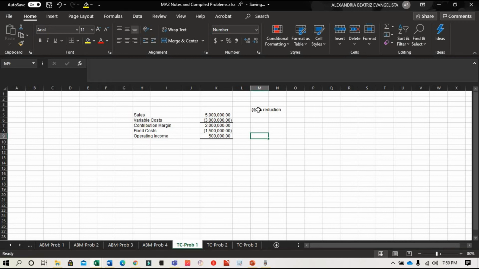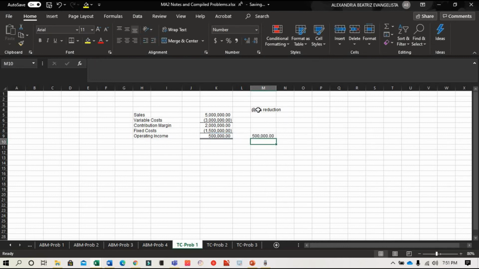Since the CEO wants to maintain its current operating income, our operating income should be 500,000 as well. So for sales, that is 500,000 multiplied by 0.92.